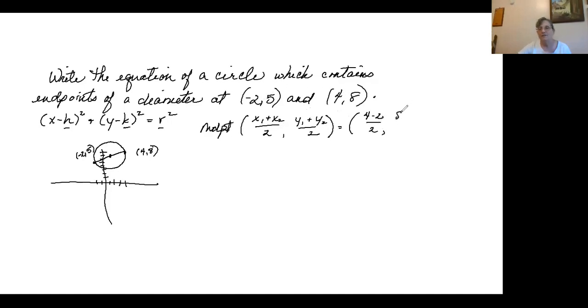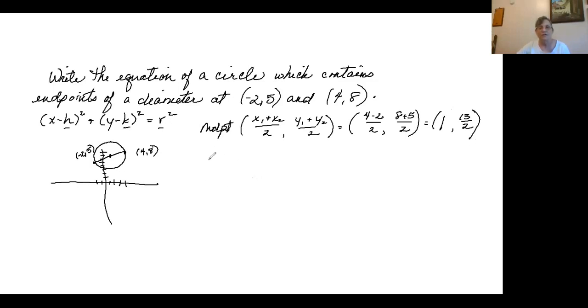And 8 plus 5 over 2. So 4 plus negative 2 divided by 2, 8 plus 5 divided by 2. So we've got 2 over 2 is 1. And here we've got 13 halves. Life doesn't always come in whole numbers.